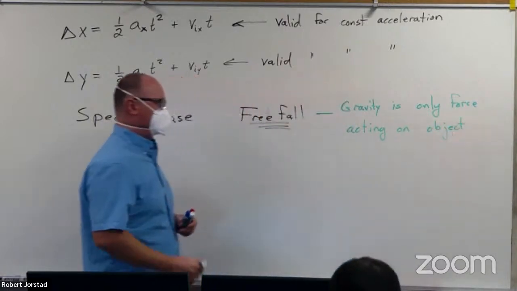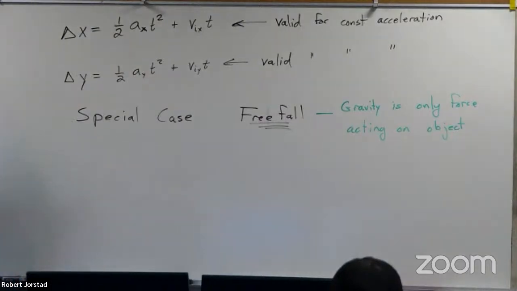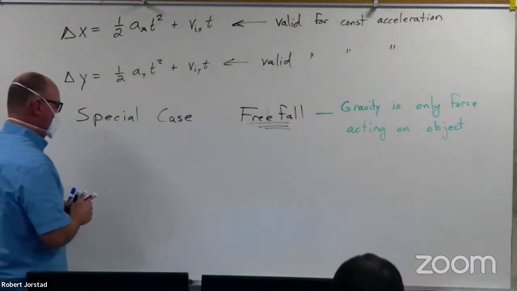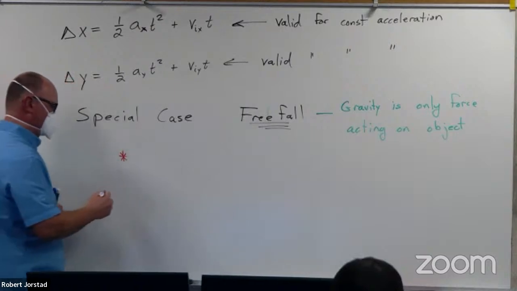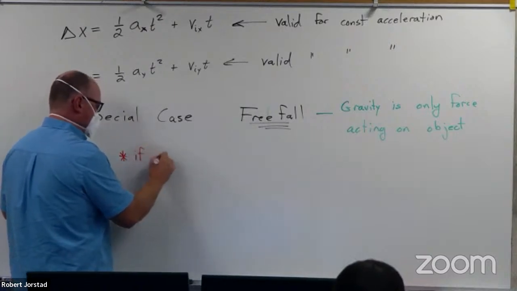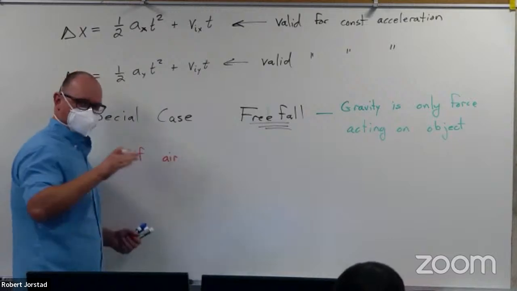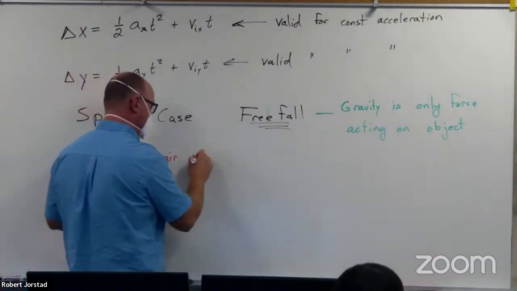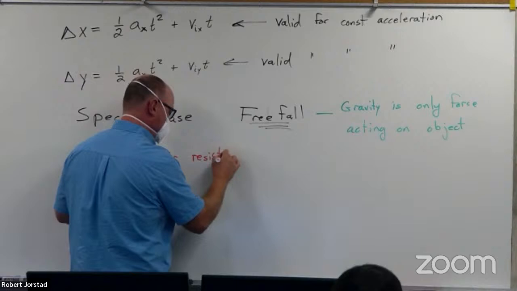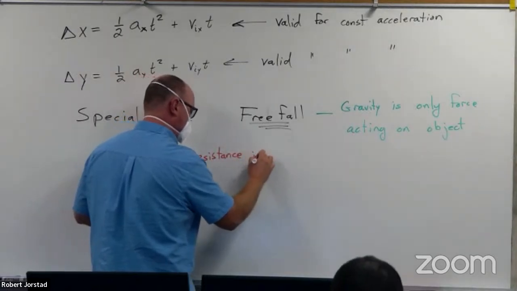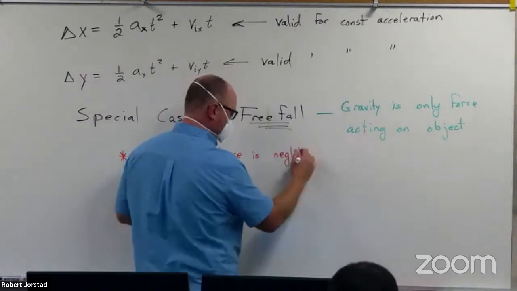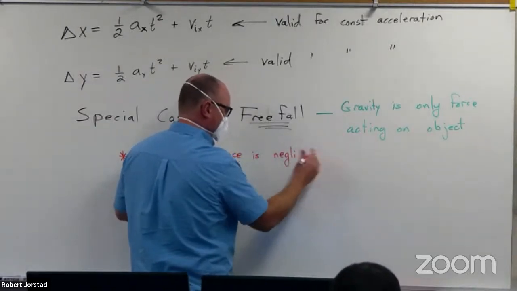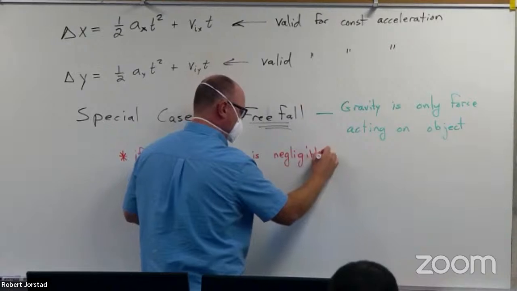We say gravity is the only force acting on the object. A special exception that we use for most physics classes is if air resistance, which gets right to what you were saying, is negligible.